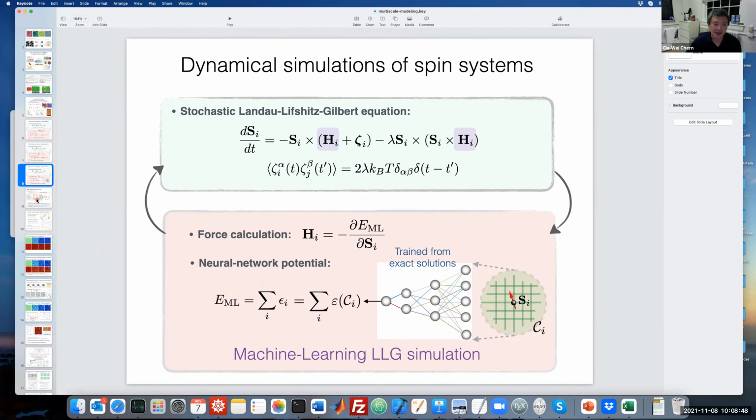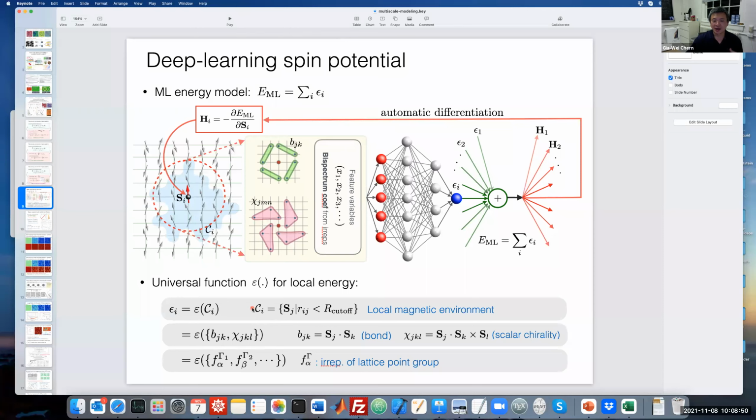Yes. So this symmetry, this so-called descriptor part, is very important. People in quantum chemistry already realized the importance of a good descriptor. It is even more important in their case.